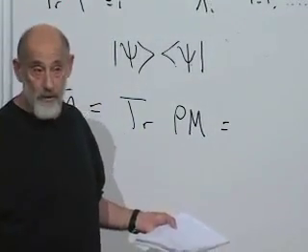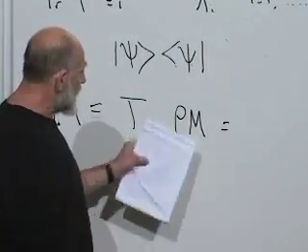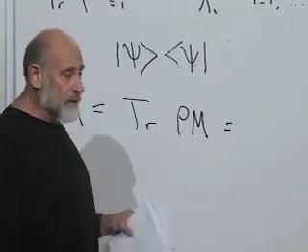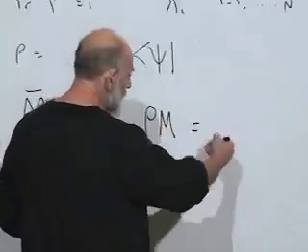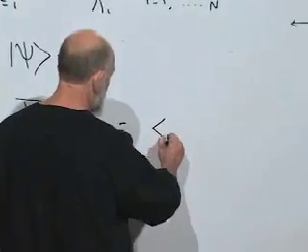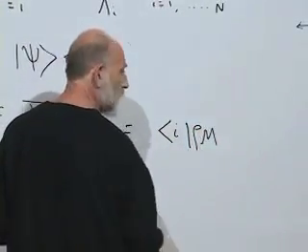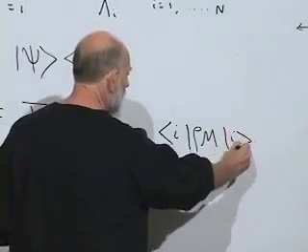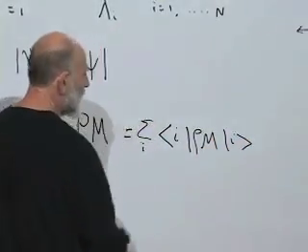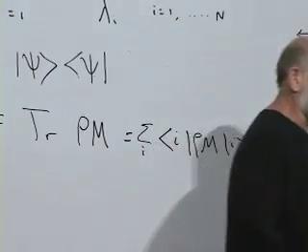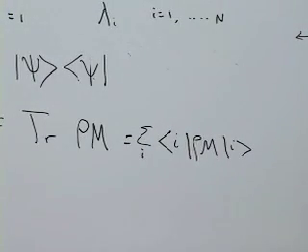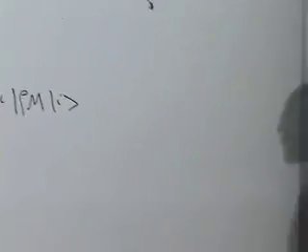It can be the basis in which rho is diagonal. But even if it's not diagonal in this basis, nevertheless, the trace is defined as the sum over i of the ith matrix element of the operator in question. You just take the ith matrix element of the operator and sum it over all i. That's the definition of the trace.